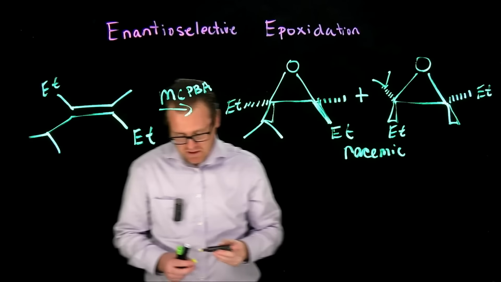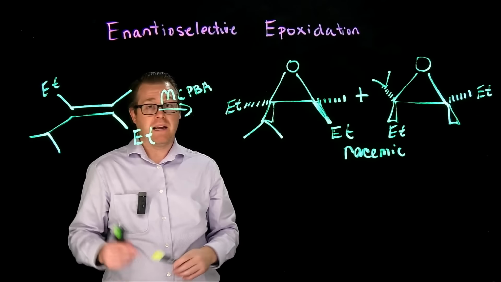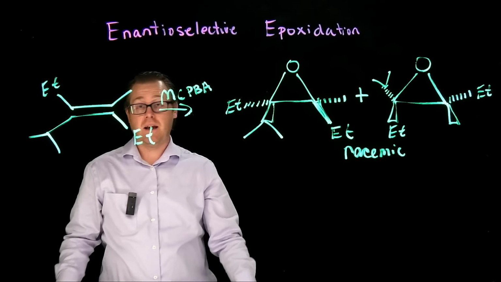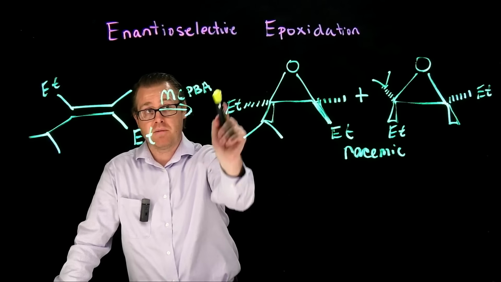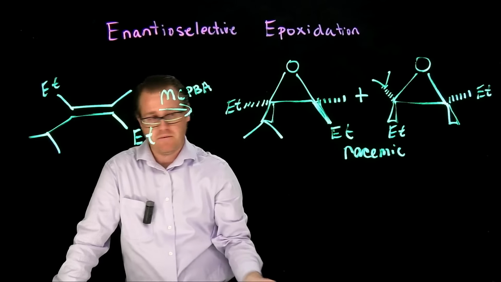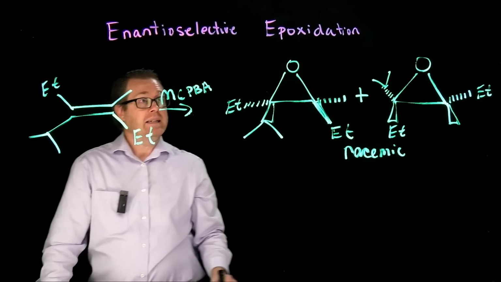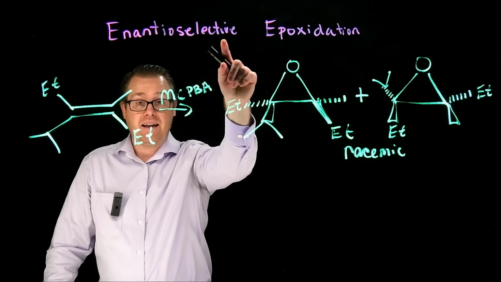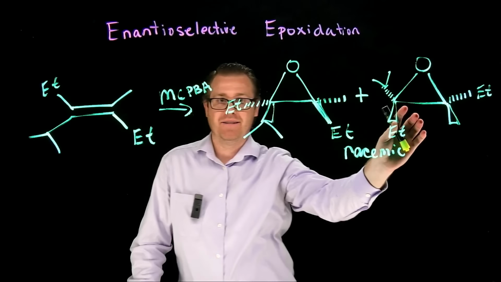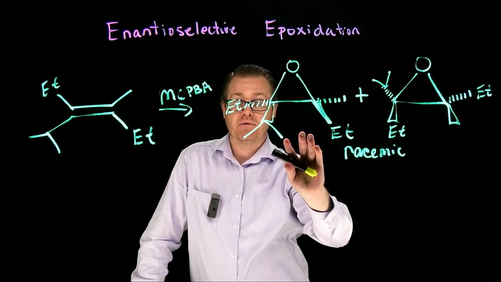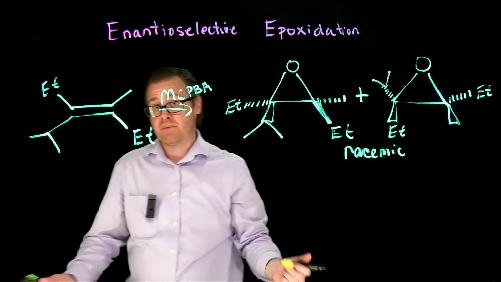So we get a racemic mixture because of the equal probability of the approach of the peroxy acid from the top or the bottom face. But there are some very smart people that can select for one of the enantiomers by using a special catalyst.